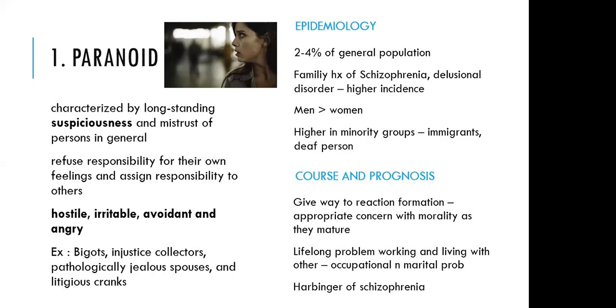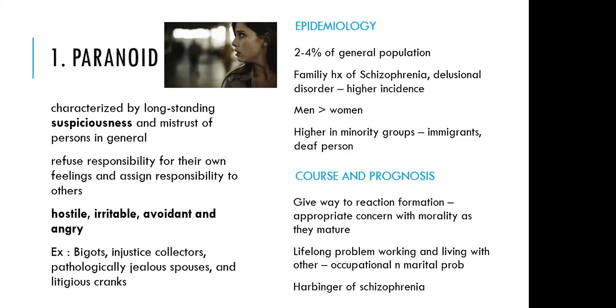They usually refuse responsibility for their own feelings and assign responsibility to others, and it is usually found in bigots, who are people internally devoted to their own opinion and really prejudiced toward others, like racial or ethnic group hatred and intolerance.